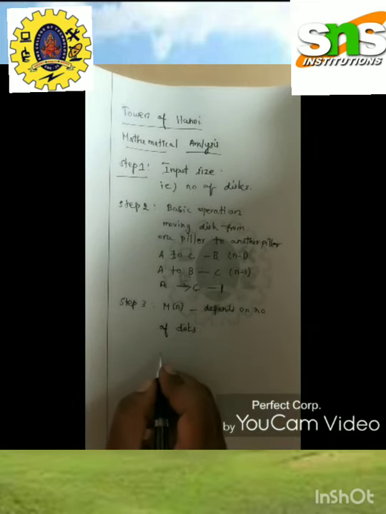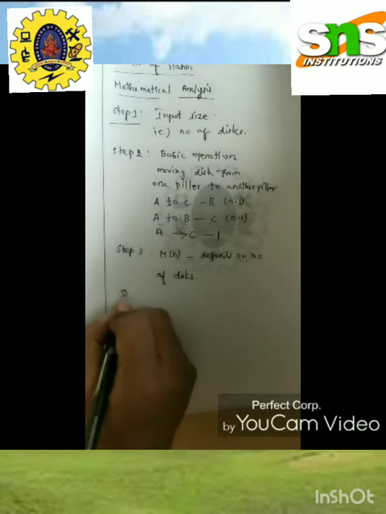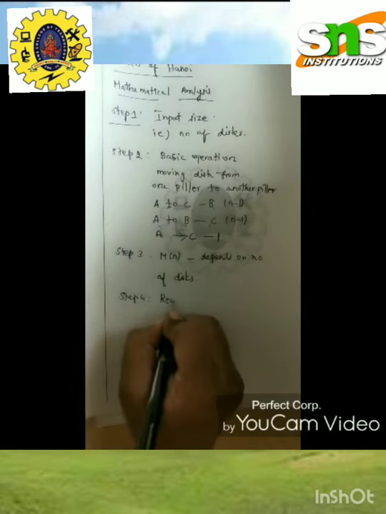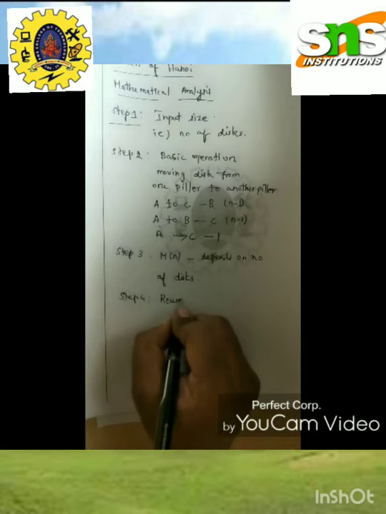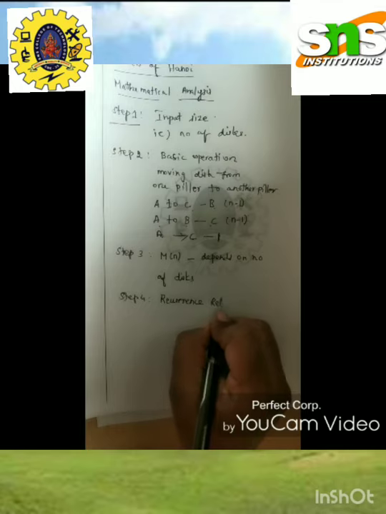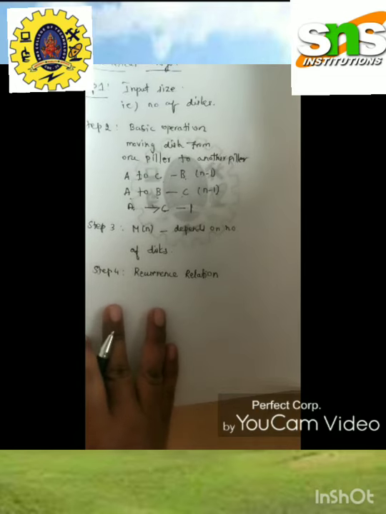Then in step 4, we are going to form the recurrence relation. In a recursive algorithm, without a recurrence relation we can't do the mathematical analysis. So in mathematical analysis, the recurrence relation plays a major role.